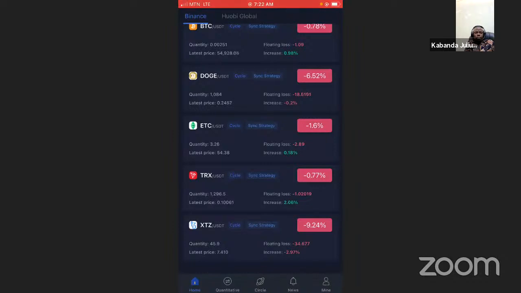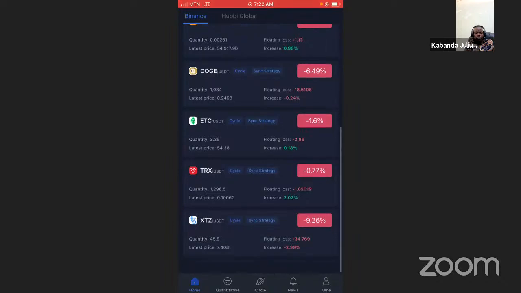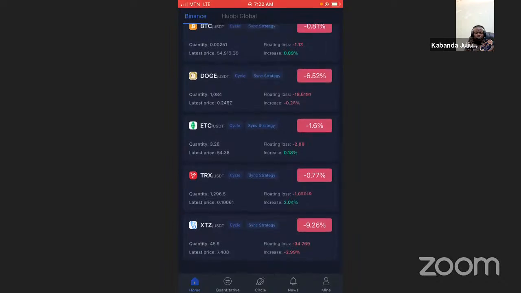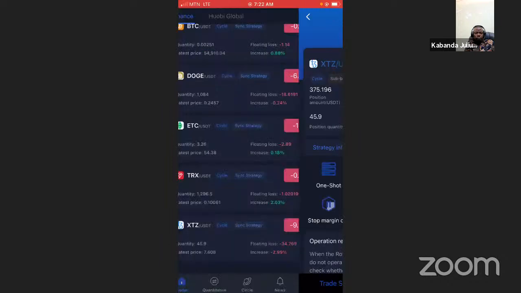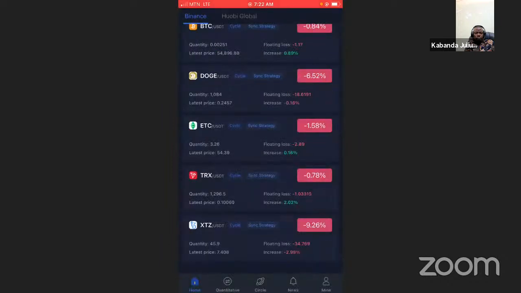Yeah, I know it's normal, but okay. Let's leave it, because even this one had a 40 floating loss. This one, the floating loss was minus 10, but I think it has reduced to minus 9.